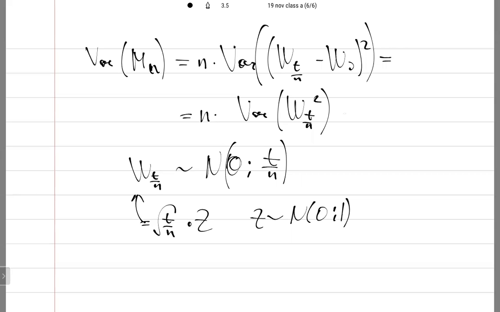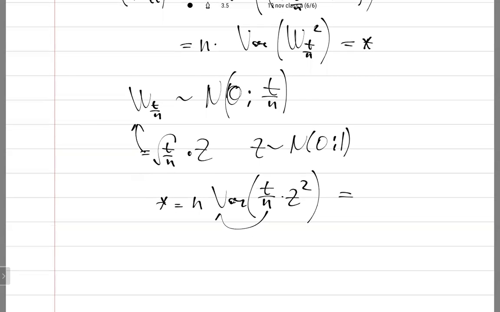I'm standardizing my variable. So it will be the variance of (t over n) Z squared. T over n goes outside the variance with a square. So it will be t squared over n times the variance of Z squared. And when n tends to infinity, I don't care about the variance of Z squared. It's a number, so I just don't like to calculate it. And the final answer is 0.